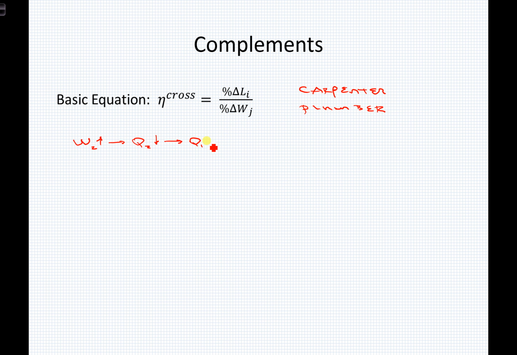So in this case, wage 2 is the carpenter wage, the quantity of labor 2 is the carpenter labor, and we know that that is a direct relationship of the downward sloping demand curve. But given that we had an increase in the wage for the carpenter, it causes an increase in the cost of the building.